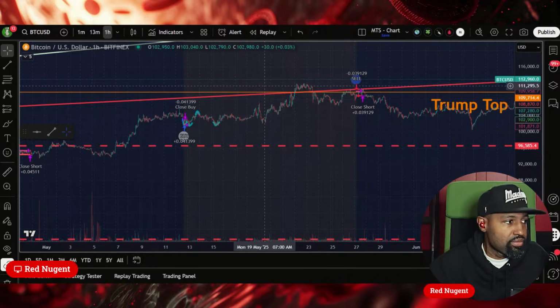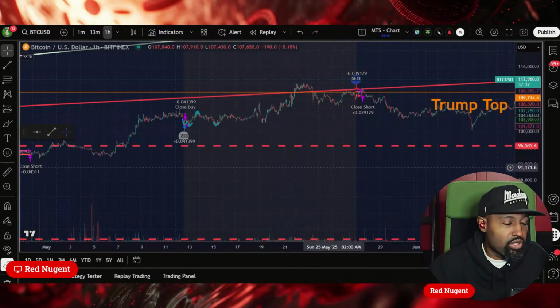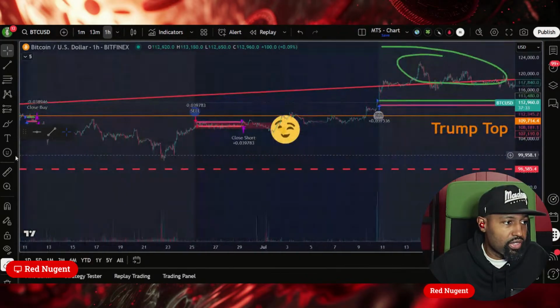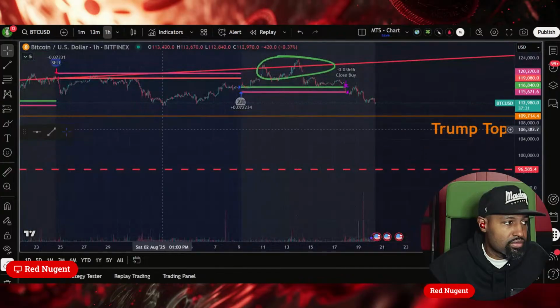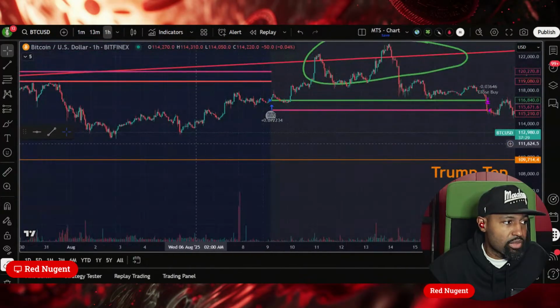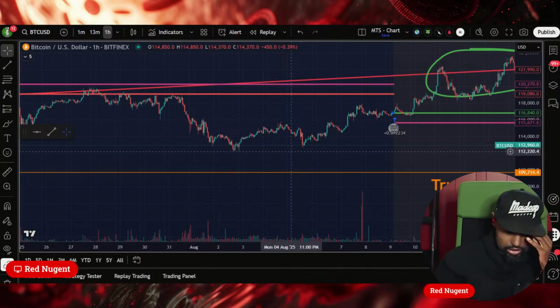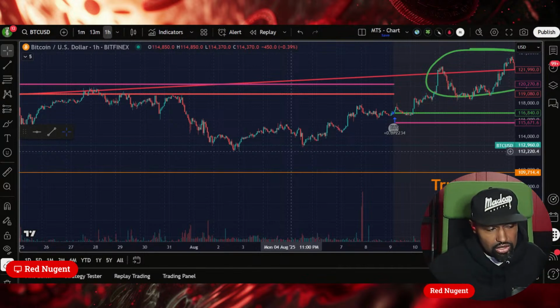We need to really watch this zone. Depending on your exchange, let's just say anything below 112. If we go below 112, ladies and gentlemen, there are going to be some problems.